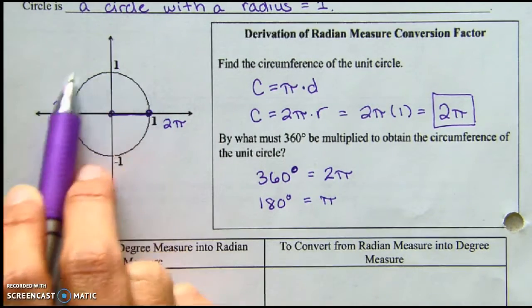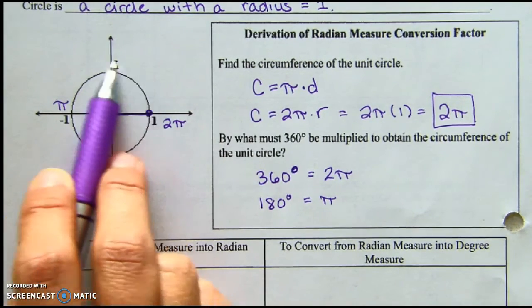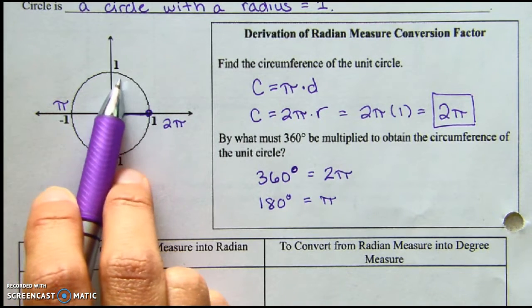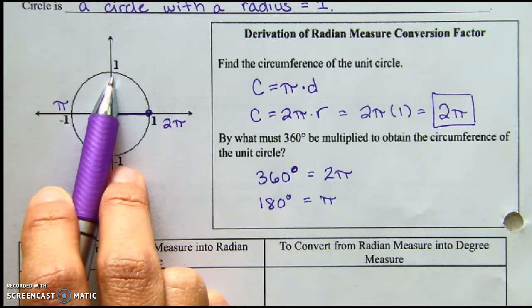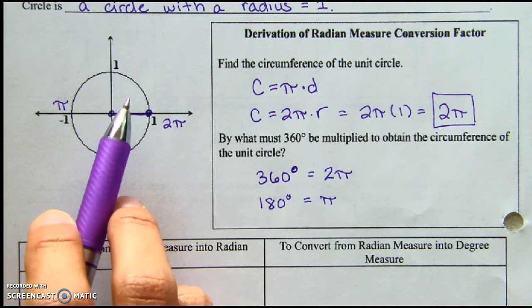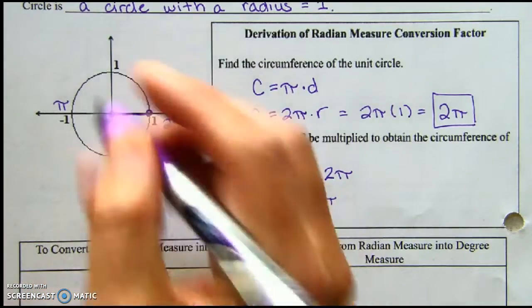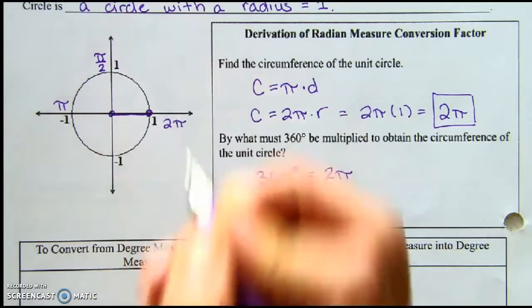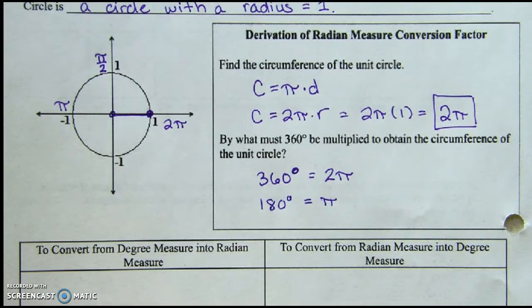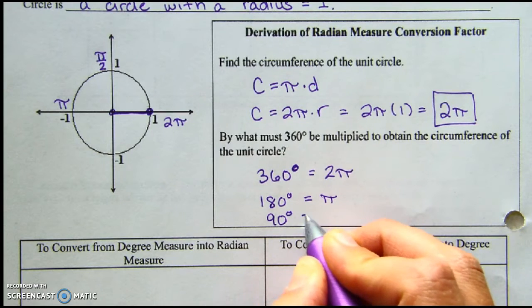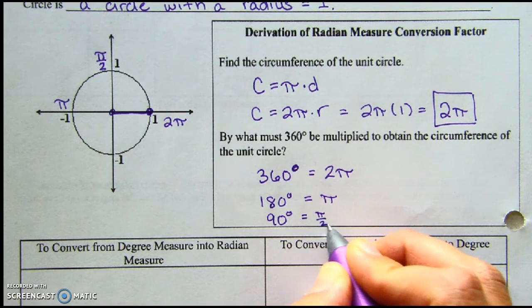Watch my pen. From 0 degrees to 180 degrees is equal to pi. So what would from 0 to 90 degrees be? Half a pi. We're going to write that as pi over 2. So 90 degrees is equal to pi over 2.